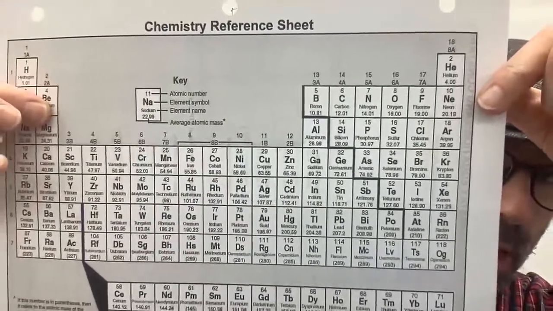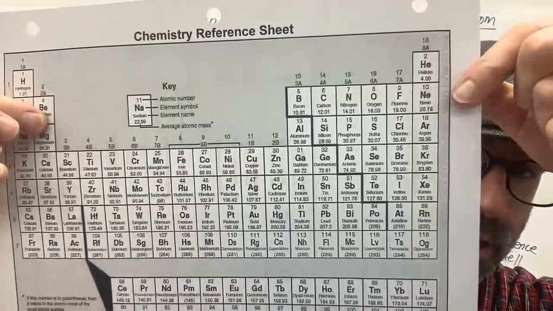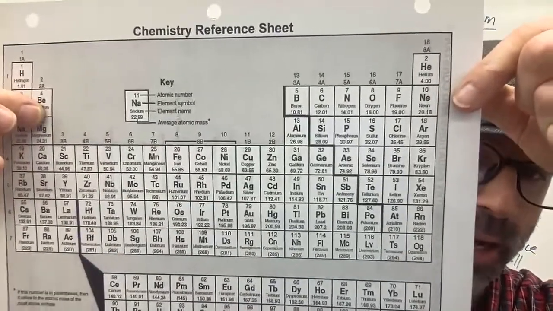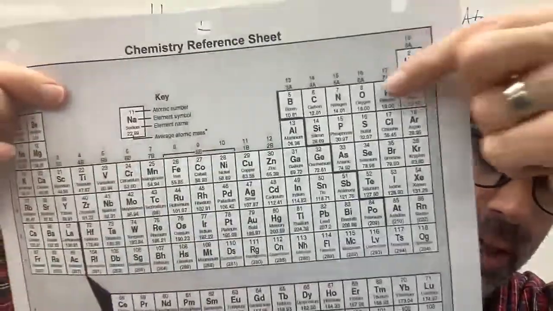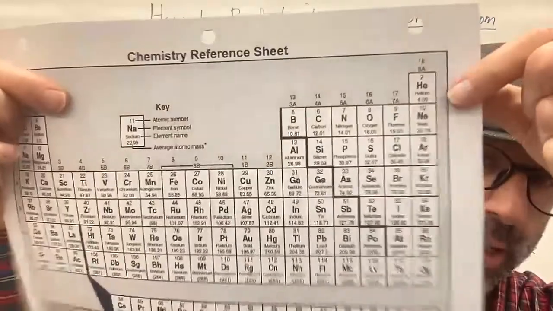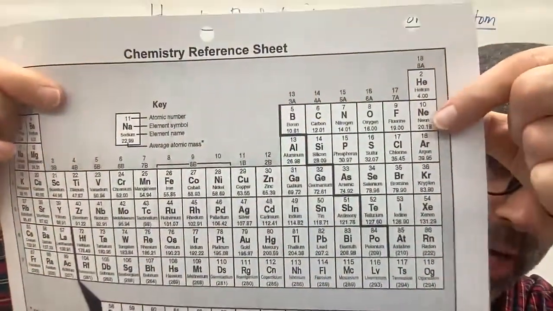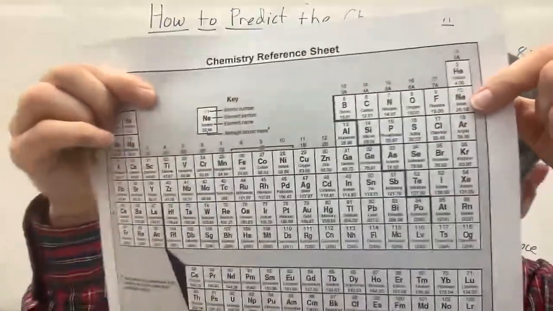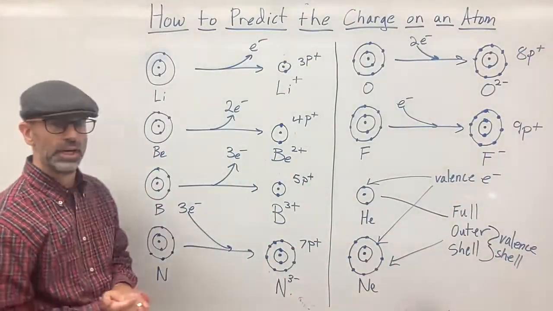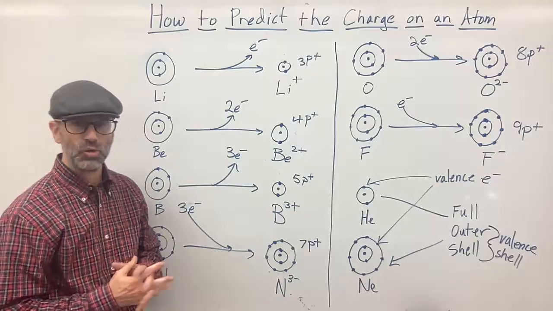So since it's in the middle, it can either lose 4 electrons to be like the previous noble gas, helium, or it can gain 4 electrons to be like the next noble gas, neon. So because it's in the middle, it's a little more difficult to predict what charge those elements will have.